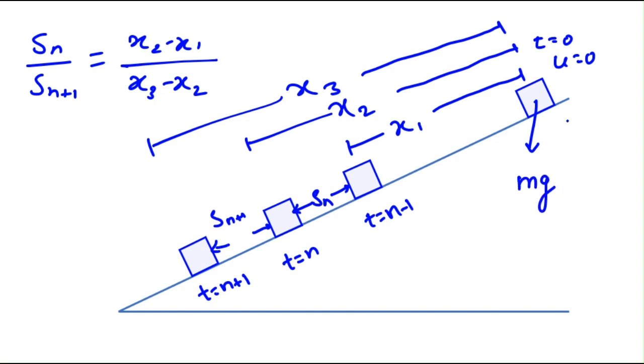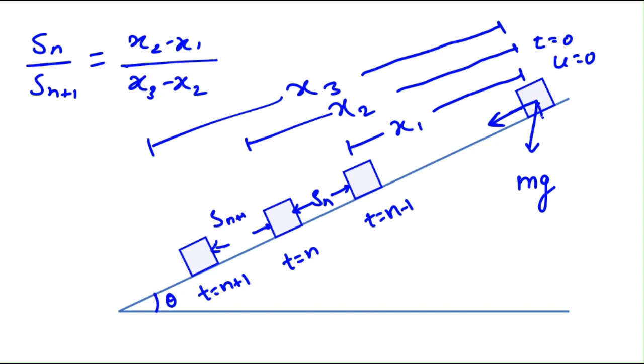And of course, there is normal reaction force also, but we are talking about that force which is causing acceleration in this body, and due to that acceleration, this body starts its motion towards the inclined plane. So mg is the force, but look here, the component of mg along this inclined plane is responsible for its acceleration. So let's take this inclination to be theta.